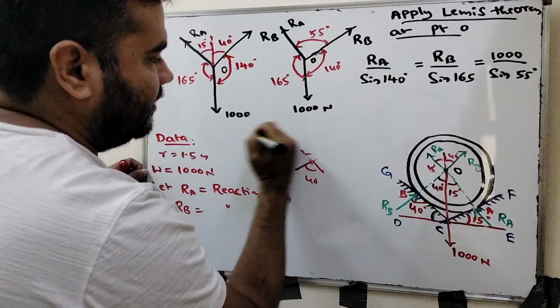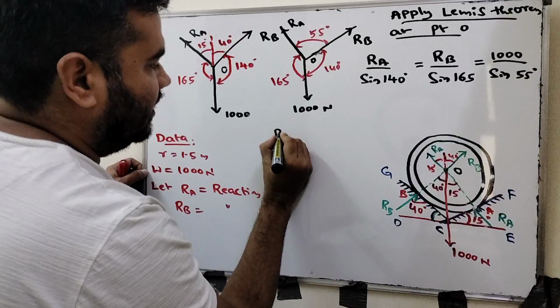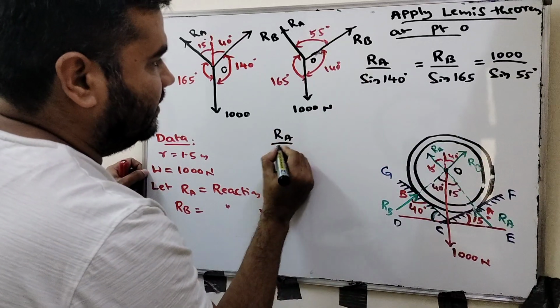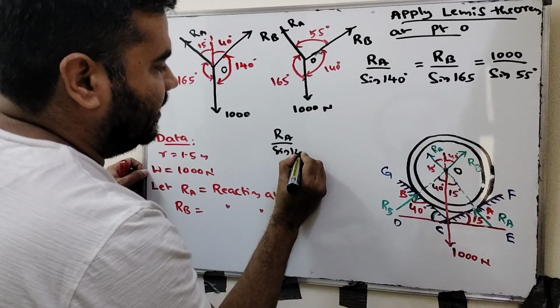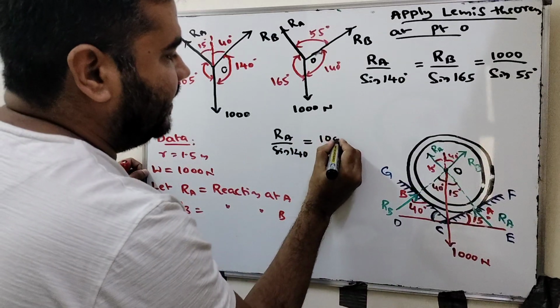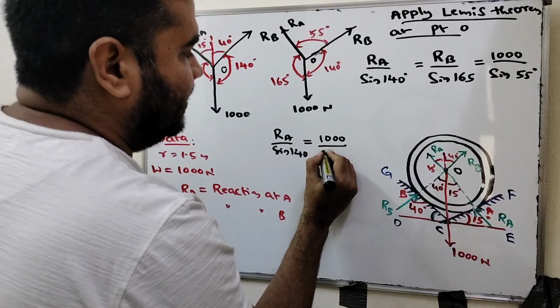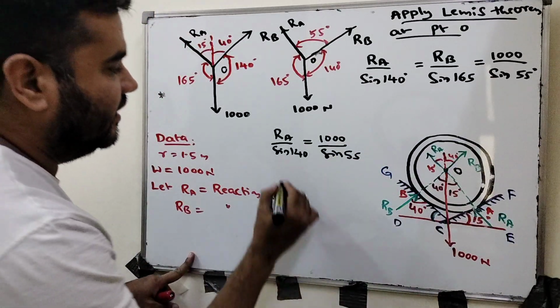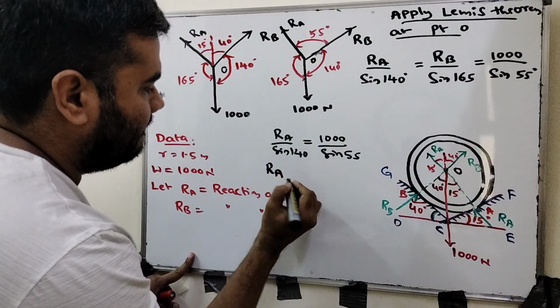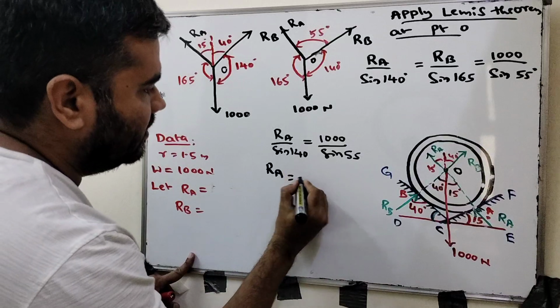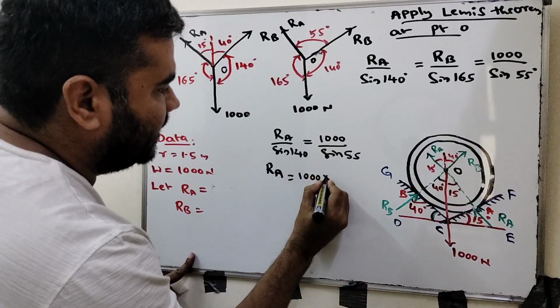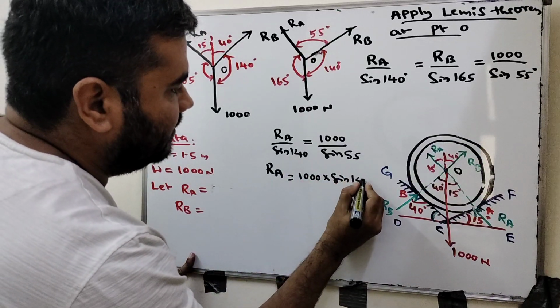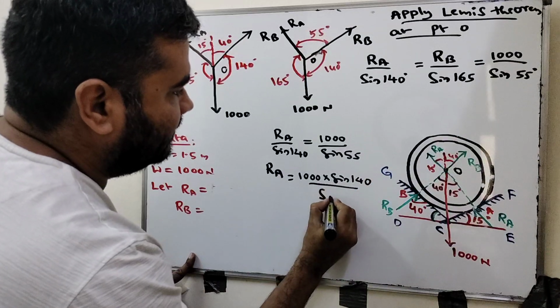That is, RA divided by sine of 140 equal to 1000 divided by sine of 55. Therefore RA equal to 1000 into sine of 140 divided by sine of 55.